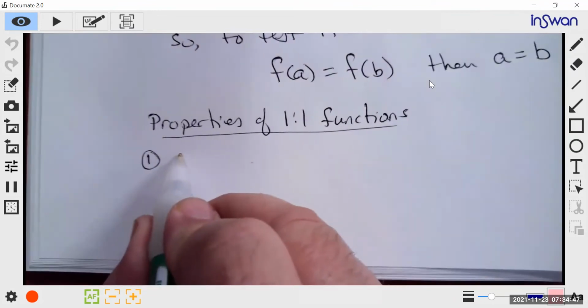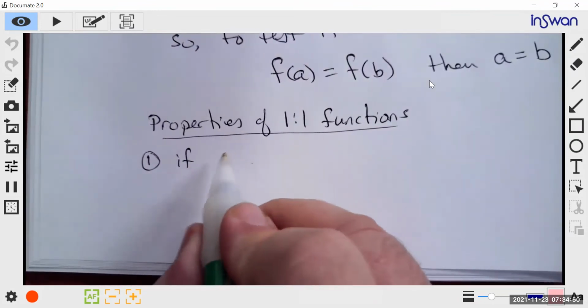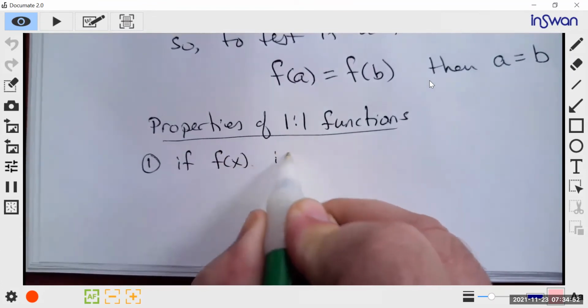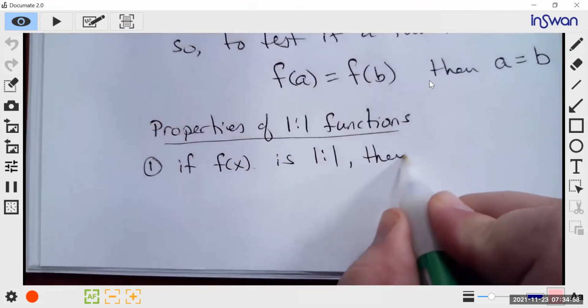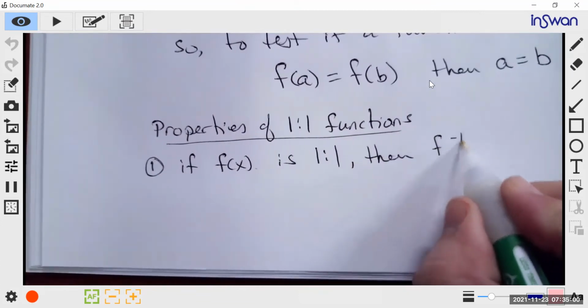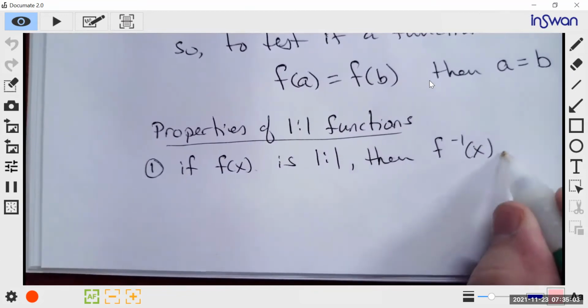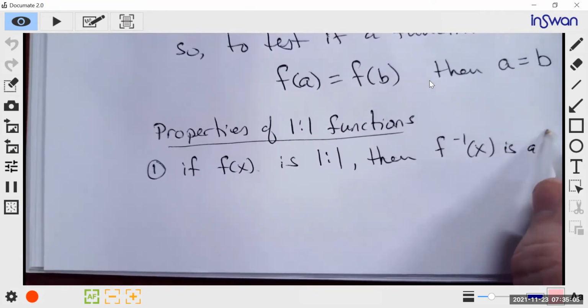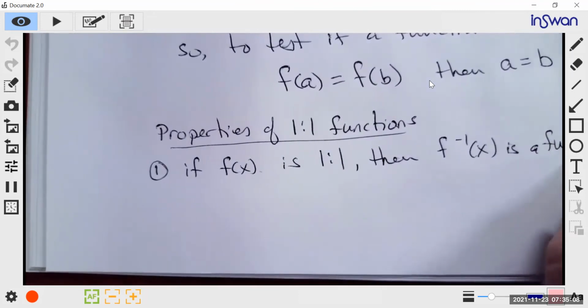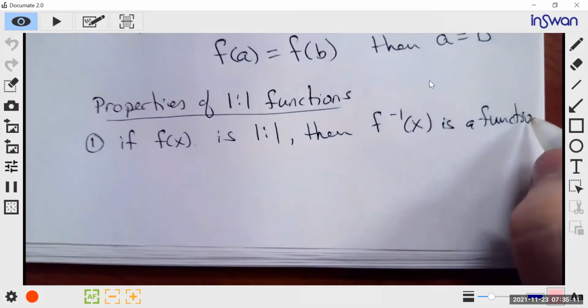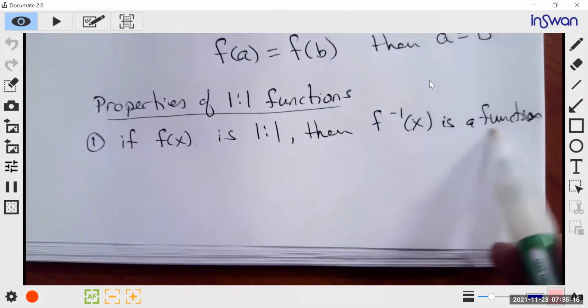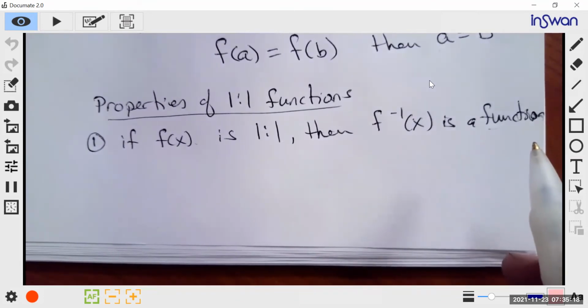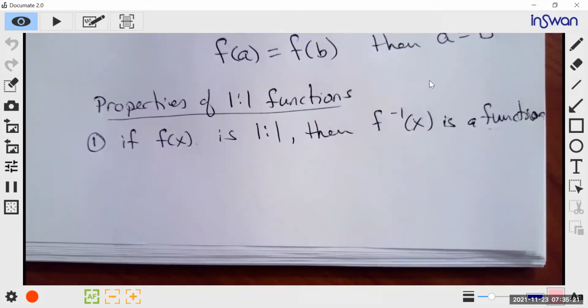If f of x is one-to-one, then f inverse, the inverse of f, is a function. Remember, what is a function? A function has to pass the vertical line test. A vertical line cannot cross the graph more than once.